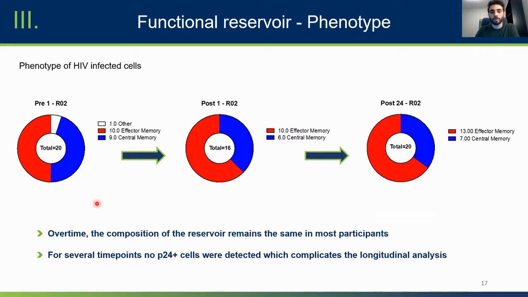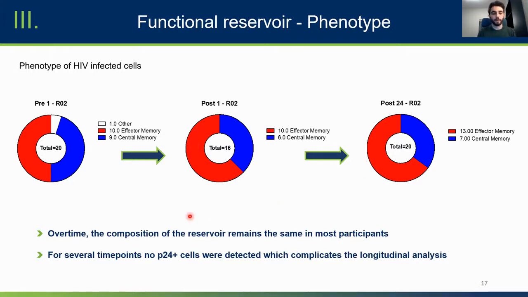And then we wanted to focus on the composition of the reservoir that we found. So in the P24 positive cells that we were able to measure, we wanted to see the distribution in the different subsets. So this is an example of one of the donors where we have time points a month before the transplant, a month following the transplant, and then 2 years following the transplant.